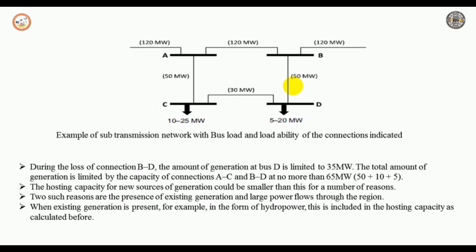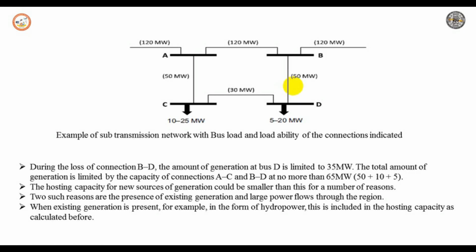We assume that the n-1 principle is used to determine the maximum amount of generation that can be connected. A 30 megawatt capacity connection to C and D will limit the amount of generation at buses C and D. During the loss of connection A-C, and with the minimum load at bus C, more than 40 megawatts of generation can be connected at bus C. During the loss of connection B-D, the amount of generation at bus D is limited to 35 megawatts.